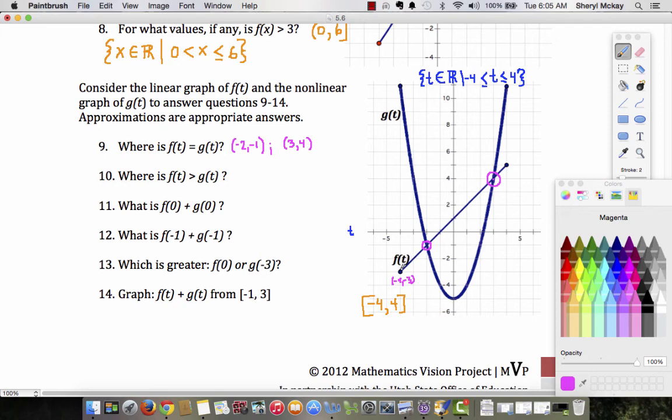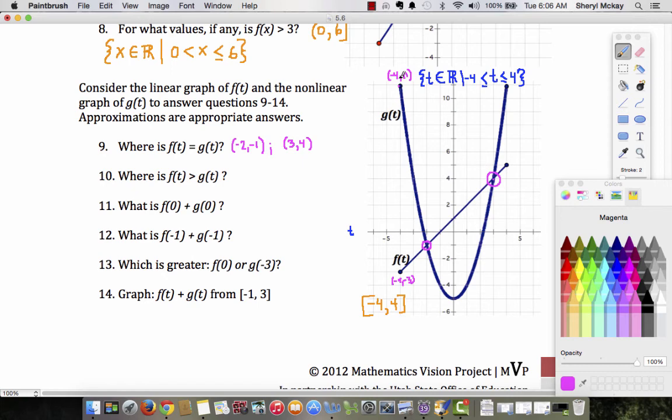But when I put -4 into g of t, I get this point up here. So this is (-4, 11). So in this situation, the value of g of t is greater than f of t, because when I put in the same t, I get a much larger number, right?